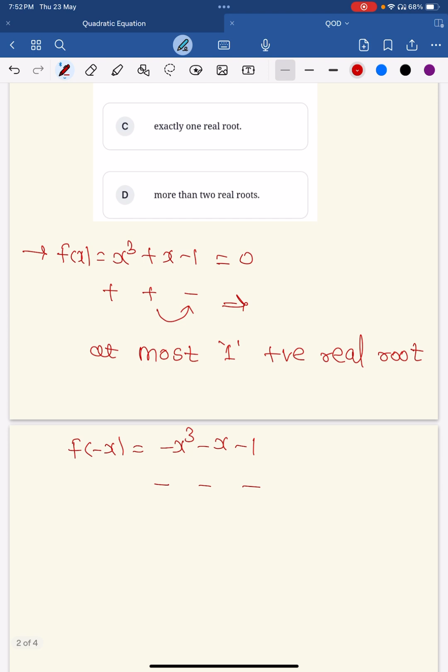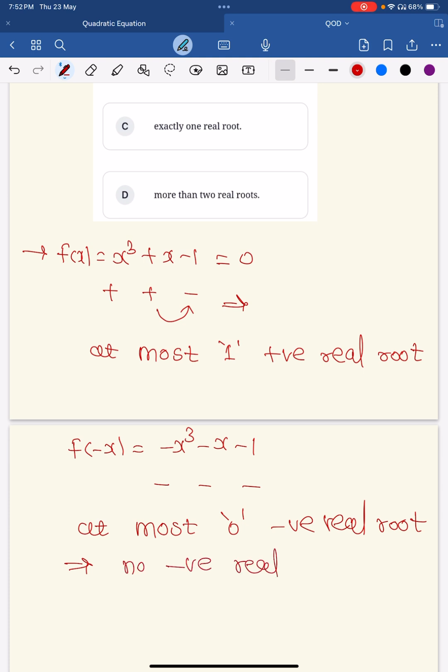From that we conclude that the given equation has at most 0 negative real roots, which means the given equation has no negative real root.